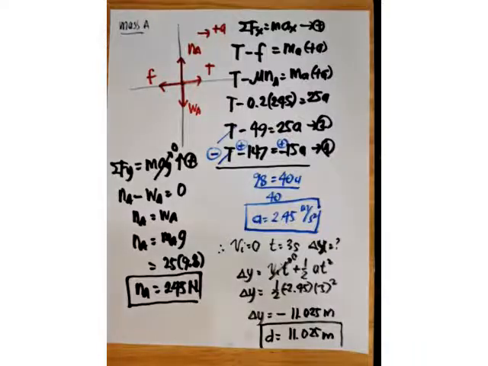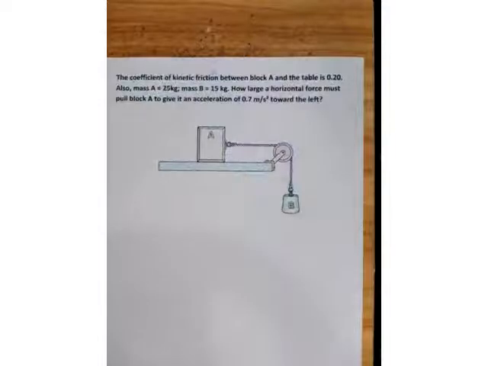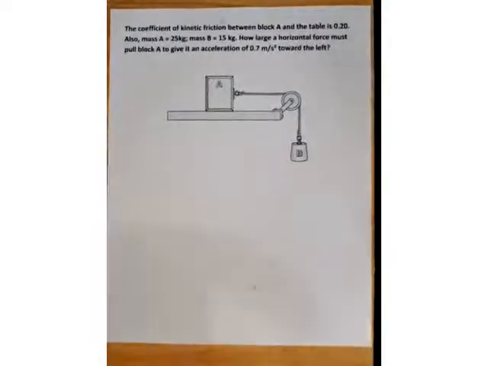Okay, so let's have the same example, but we are given a different question. The coefficient of kinetic friction is the same, mass A is the same, mass B is the same, but this time we are given an acceleration of 0.7 meters per second squared towards the left.